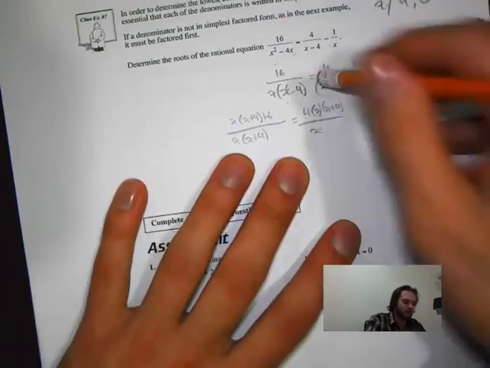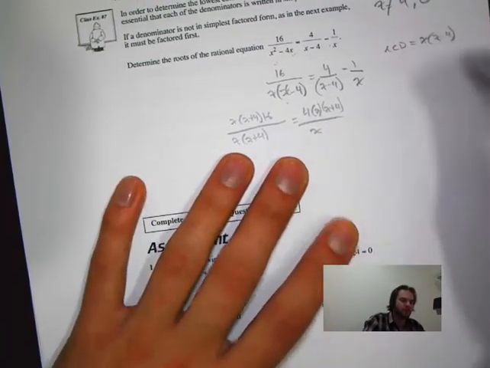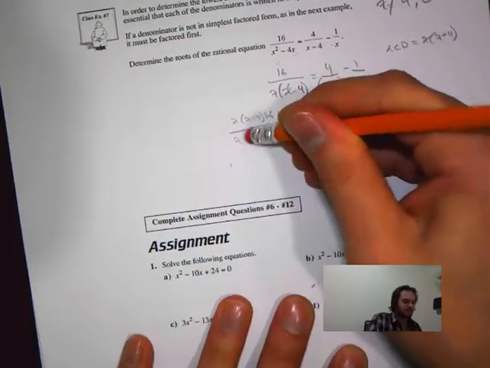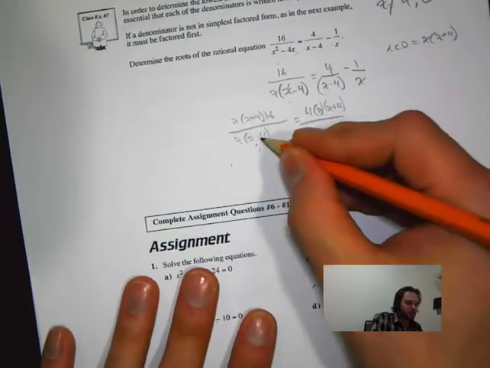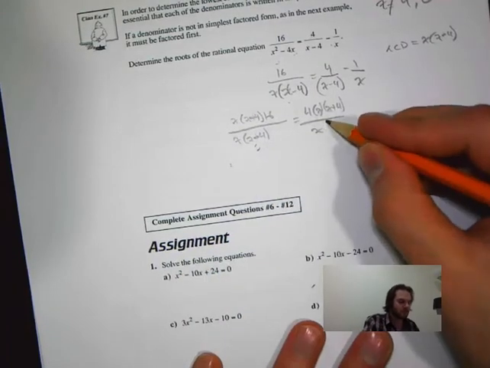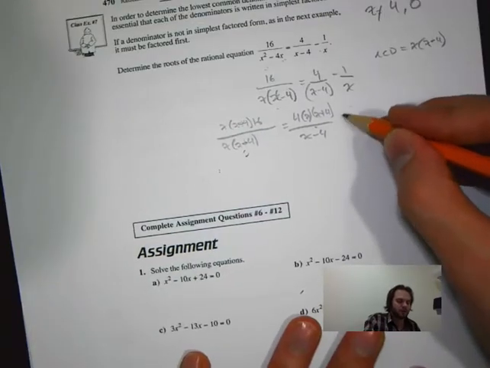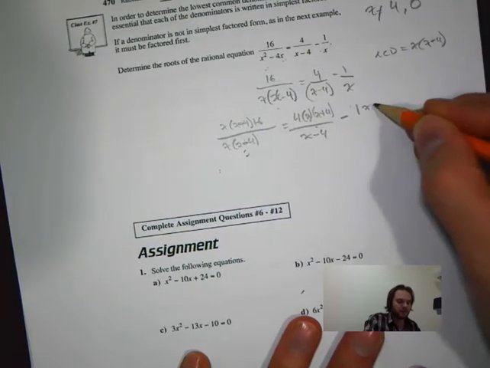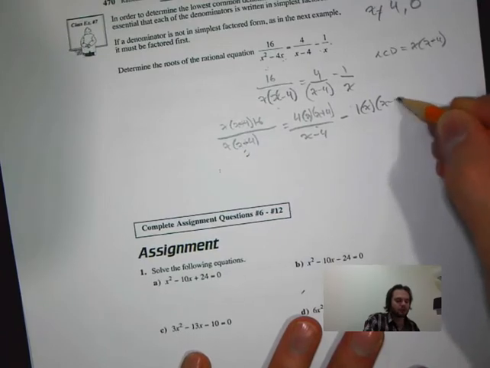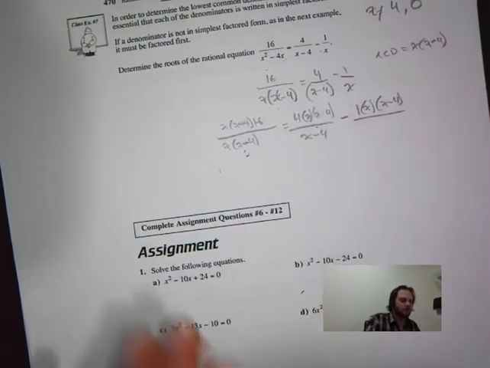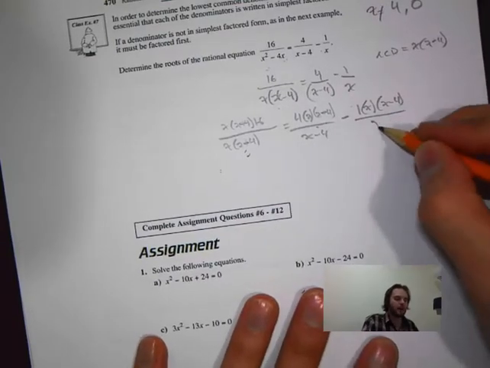Oh, sorry, it's minus 4. I don't know why I said plus 4. And the last one is going to be minus 1 multiplied by x multiplied by x subtract 4, all over x.